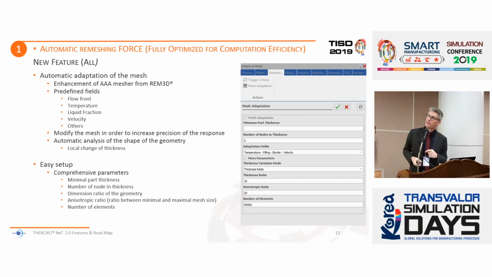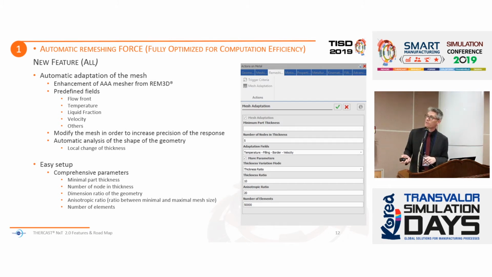It's based on the AAA measure that was available in RAM3D and in the previous version, but it has been improved a lot, and now, to use it, you don't need to have a PhD in remeshing, so it's really interesting.